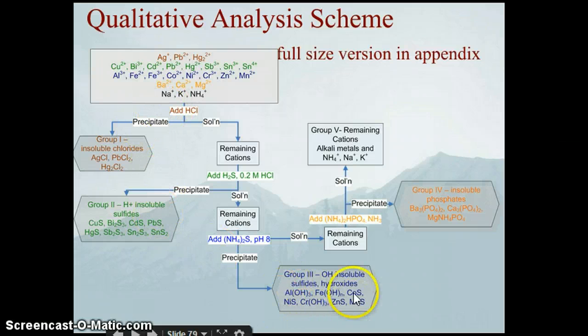We have at least one of these, so these all fall into the maybe category. We didn't get a precipitate at this step, so these are all a no, so none of those ions are in there. And of course, in group 5, we can always have one of those. So at this point, we just have to put those ions in the maybe pile, because we don't have any evidence one way or the other of their existence in our original solution.